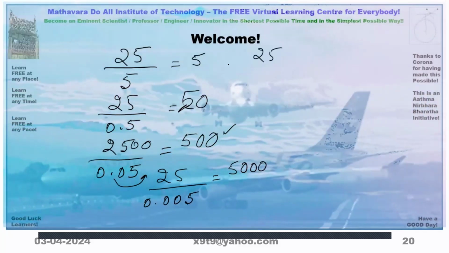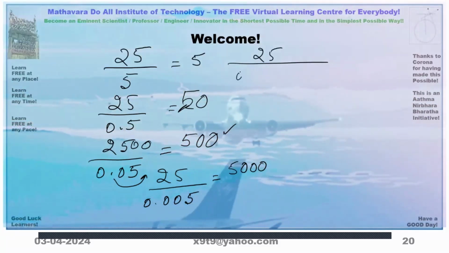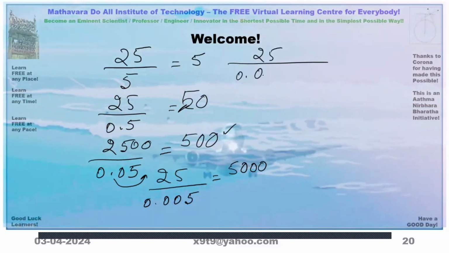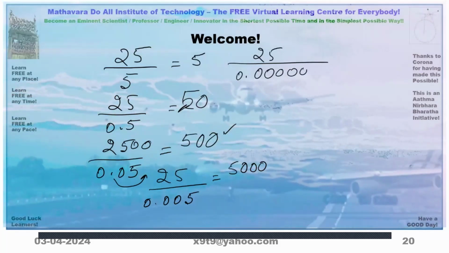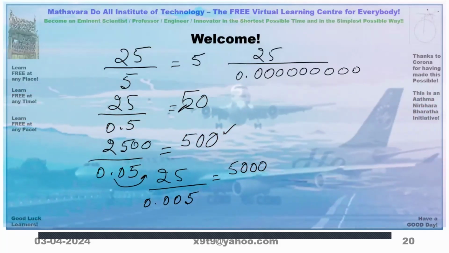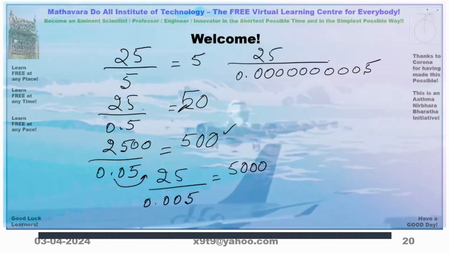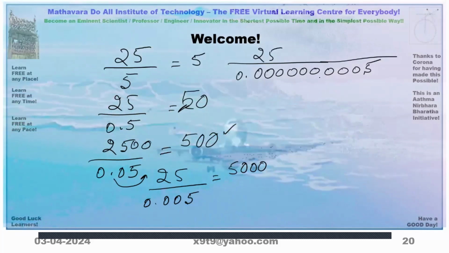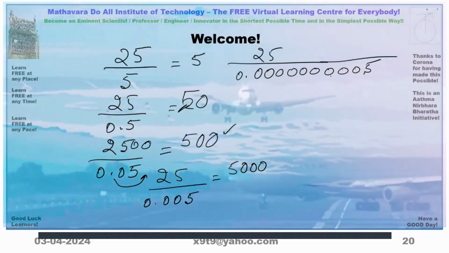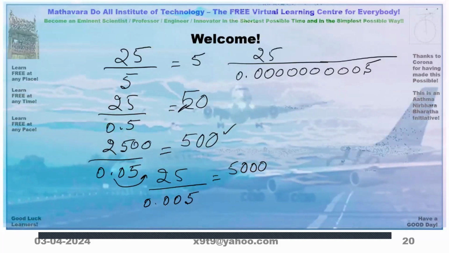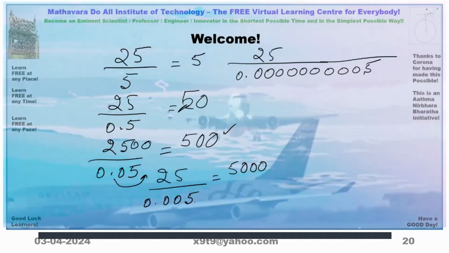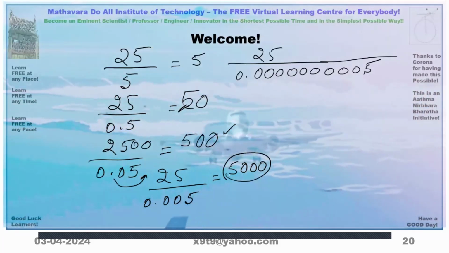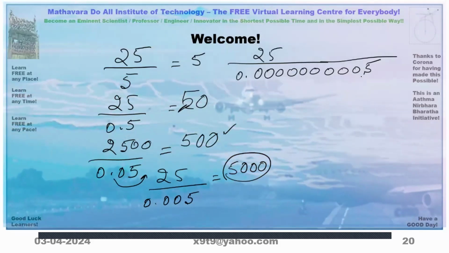So 25 divided by 0. Let us put, so I have put 9 zeros and 5. So 2 zeros and 5 means 5,000. 9 zeros and 5.